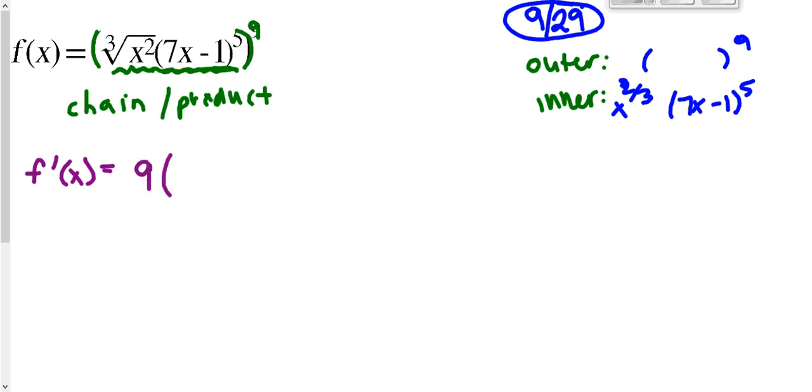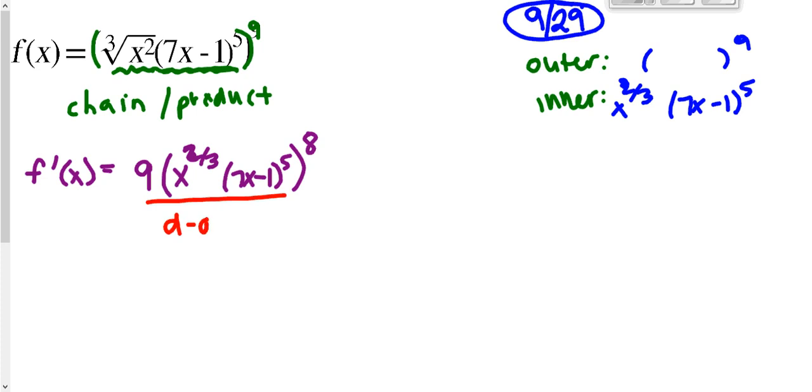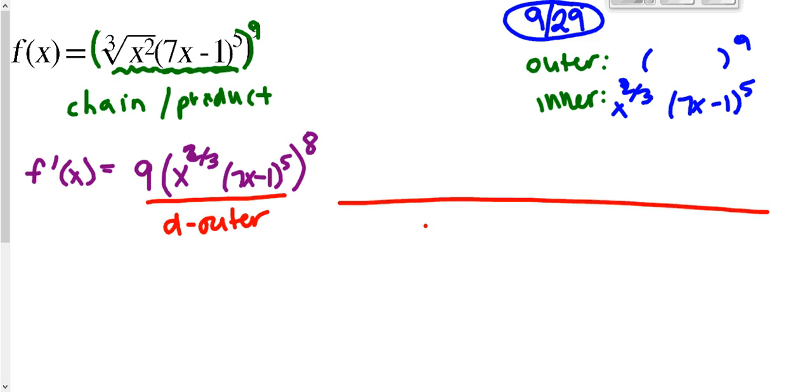So 9, we leave what is inside of the parentheses alone, so it's that whole thing: x to the 2/3 times 7x minus 1 to the 5th, all to the, we subtract 1, and that's 8, the 8th power. So here's d outer. Now we're going to do d inner.